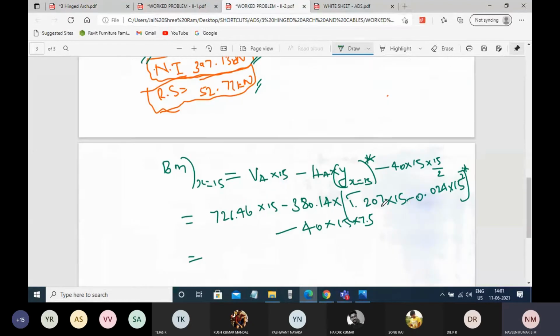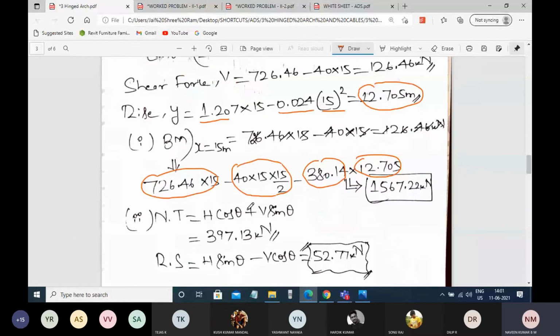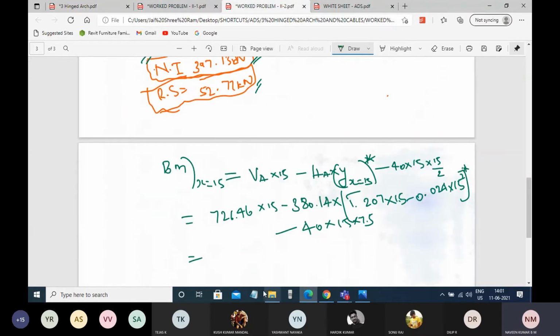Okay, so here I have shown the simplified one. I have considered directly, you can calculate. So I hope you can get the moment around 1567.22. So the moment at x equals to 15 meter equals to 1567.22 kilonewton meter.